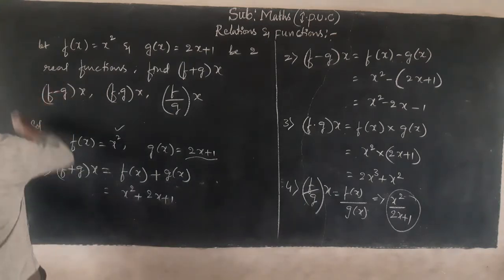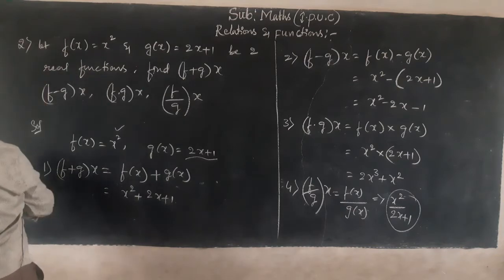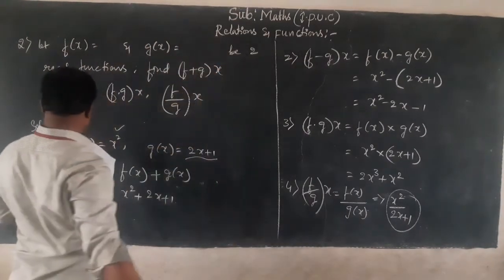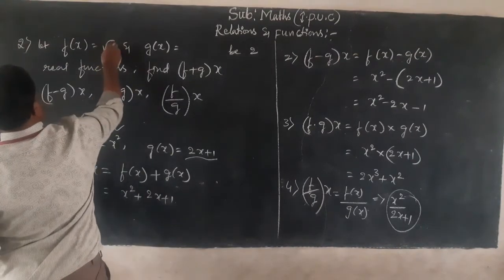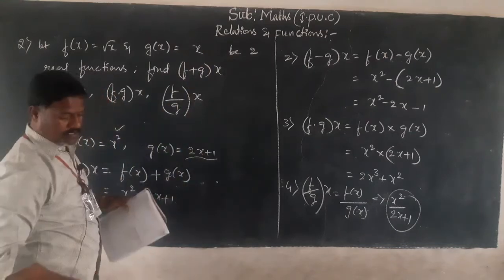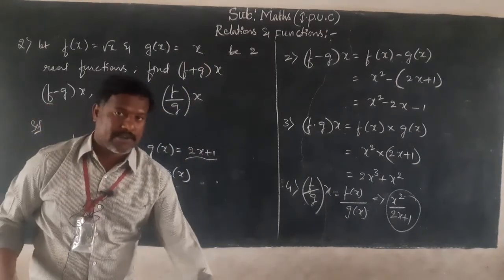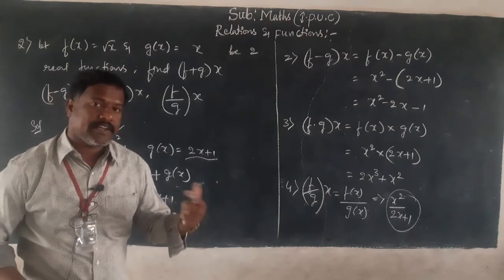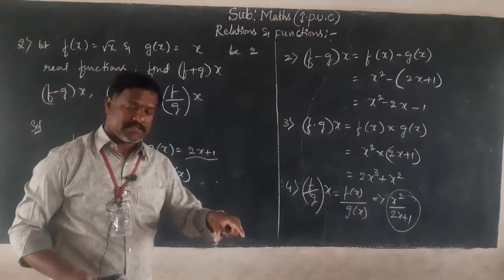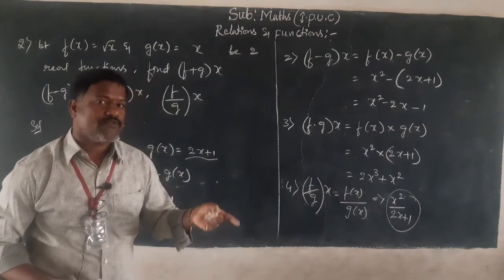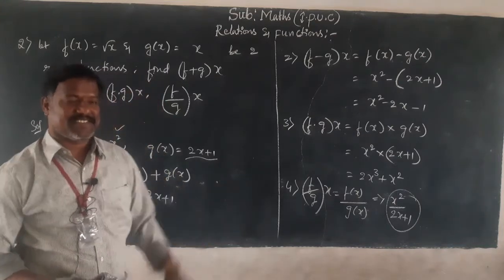Okay, children, under this, the second problem, that is root x and x. Now let me find the values of f plus g of x, f minus g of x, f into g of x, f by g of x.